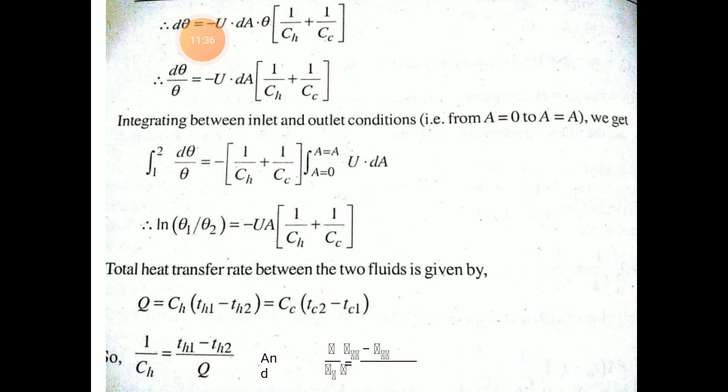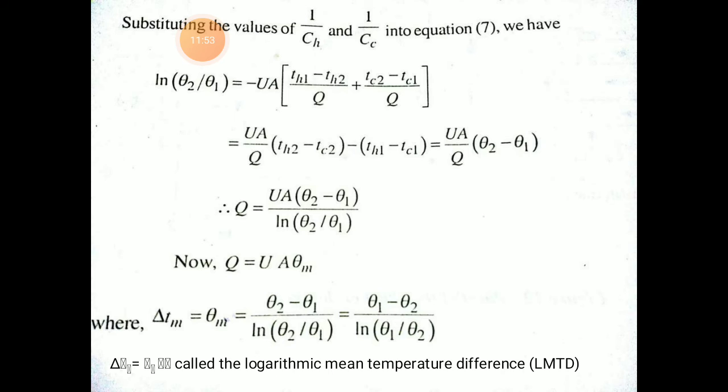Therefore 1 upon Ch is equal to (Th1 minus Th2) upon Q, and 1 upon Cc is equal to (Tc2 minus Tc1) upon Q. So on solving, we get ln theta 2 upon theta 1 is equal to minus UA into bracket, replacing 1 upon Ch and 1 upon Cc, (Th1 minus Th2) upon Q plus (Tc2 minus Tc1) upon Q. Take the negative sign inside and solve the bracket, we get UA upon Q (Th2 minus Tc2 minus Th1 plus Tc1), which is nothing but UA upon Q (theta 2 minus theta 1).